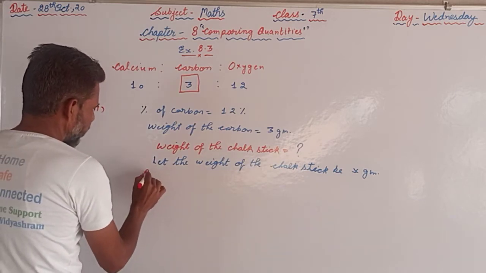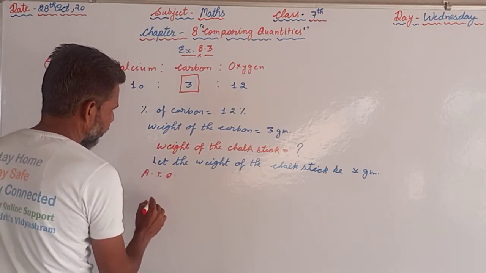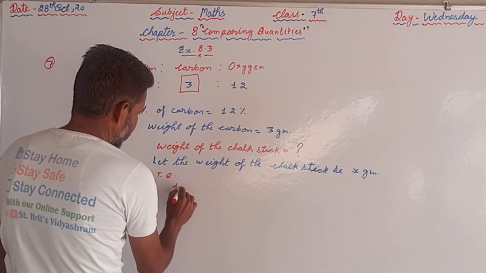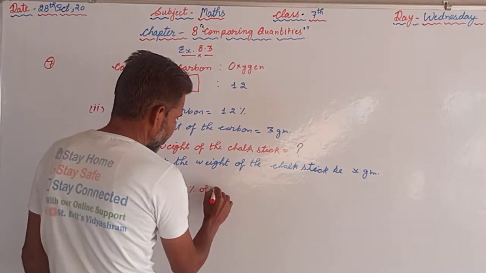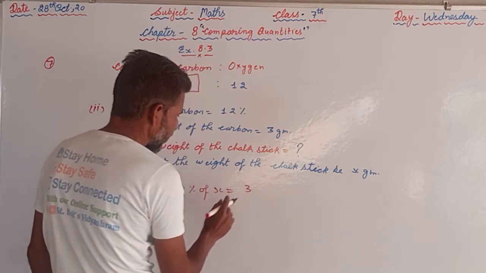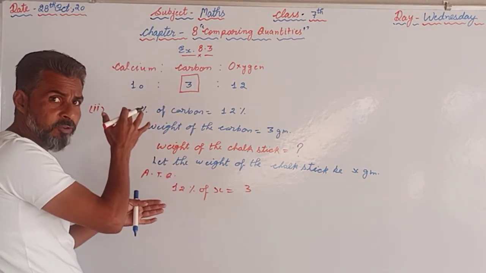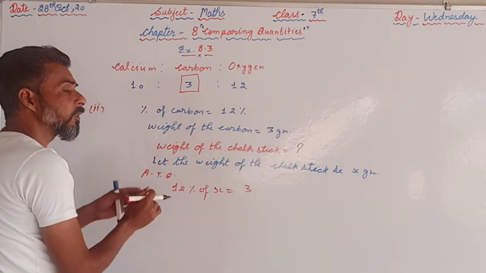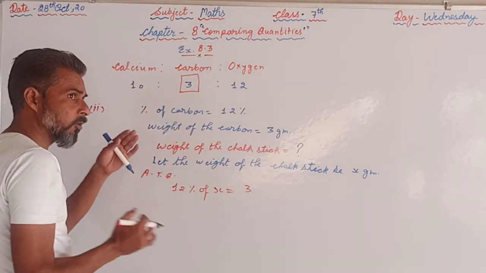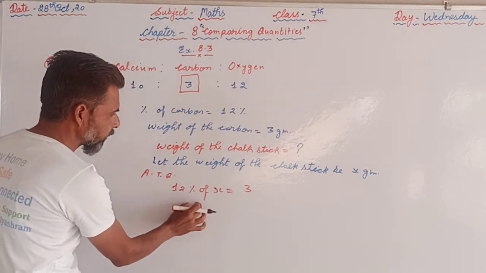So, according to the question, 12% of the chalk stick, that is x, is 3 grams. As it is given in the question that the weight of the carbon is 3 gram, so 3 gram means 12% of the total chalk stick's weight, that is 12% of x.